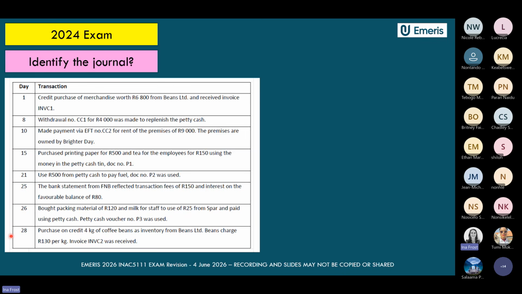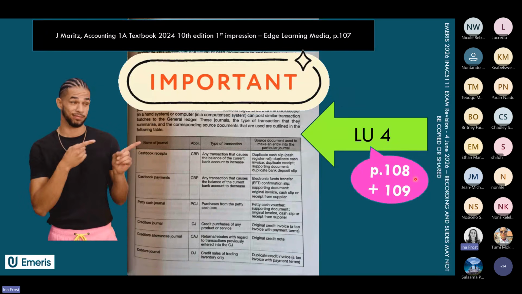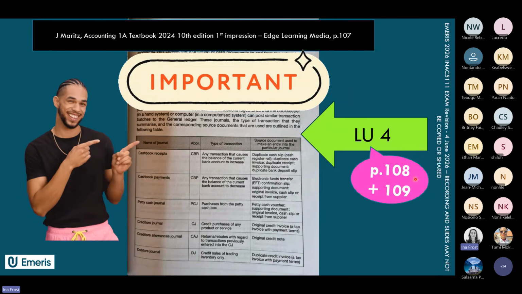And in the question, they asked us to prepare 3 journals: cash book payments, creditors journal, as well as the petty cash journal. So our job is now to go through all of these transactions and make sure we know which transaction must be recorded into which journal. And which page is going to help us with that? Can you remember? That is pages 108 and 109 of your textbook.